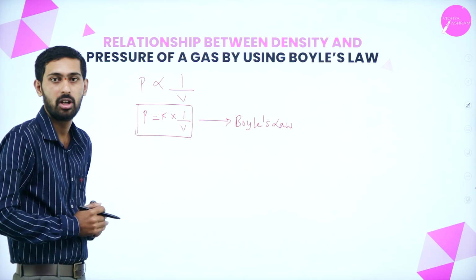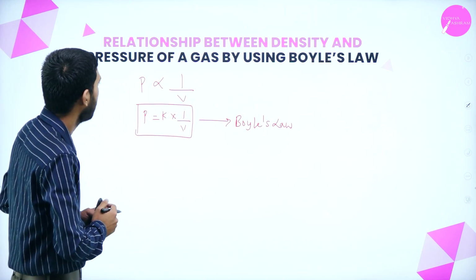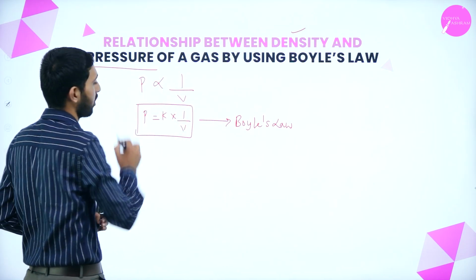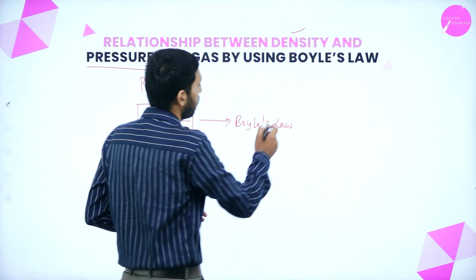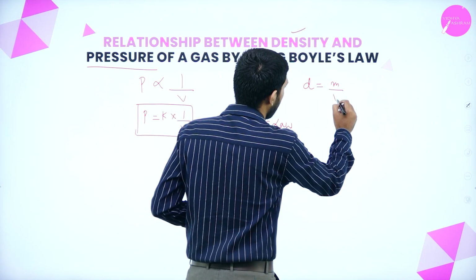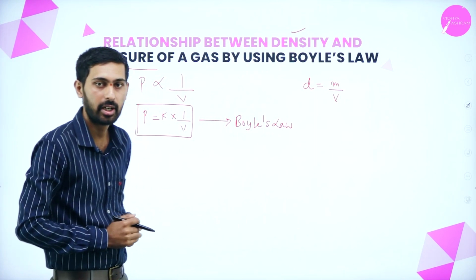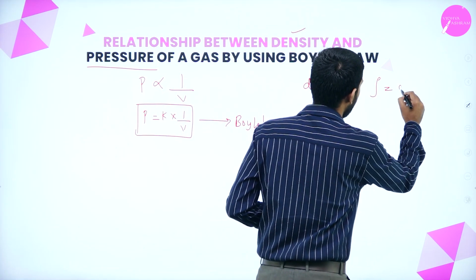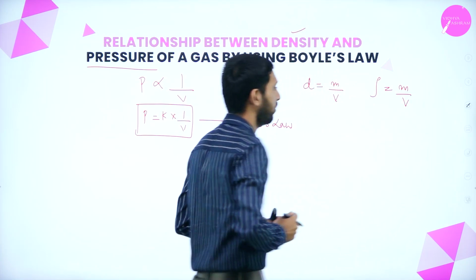This is an equation for Boyle's law. Here we have to think about the relationship between density and pressure. So we know the formula for density. What is the formula? D is equal to mass by volume. Correct, right? Or we can represent density as rho. Rho is equal to mass by volume.